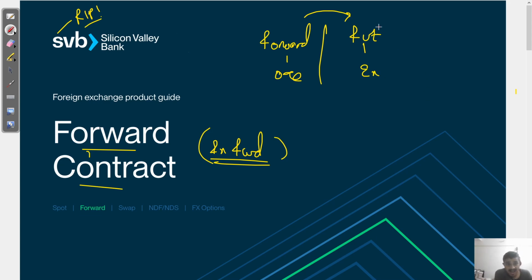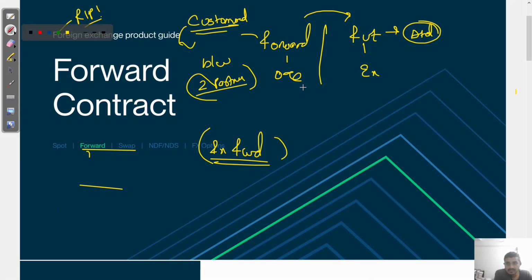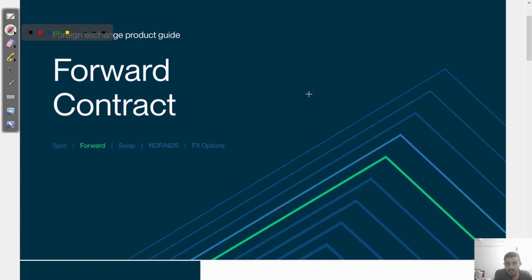Because futures are highly standardized products and forward contracts are highly customized products, which can be customized as per the requirement of the two parties involved. Those parties could be an investment bank or any financial institution that deals in forward contracts, right? So let's see with an example.